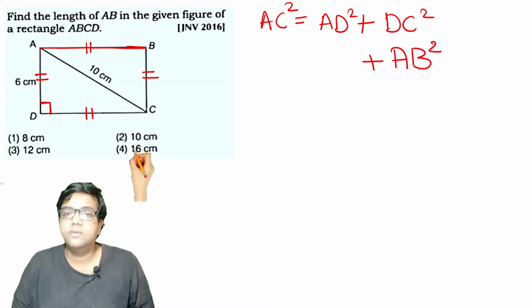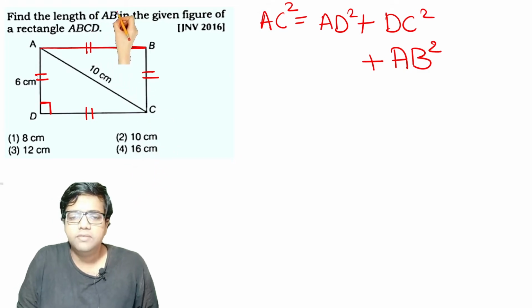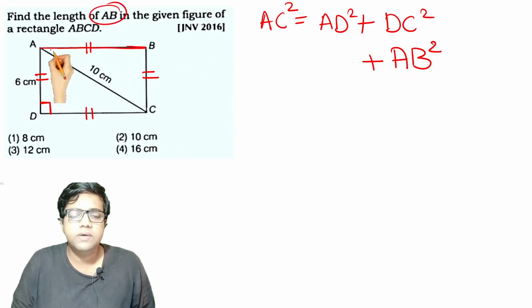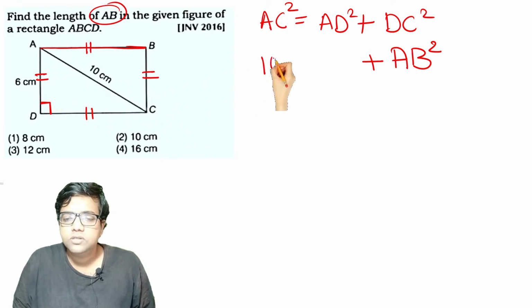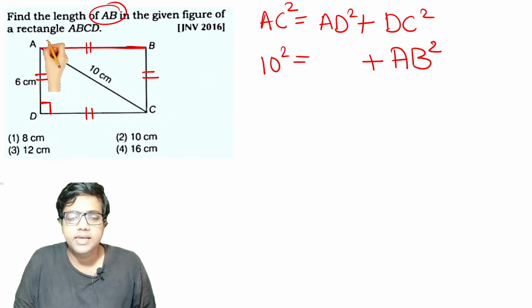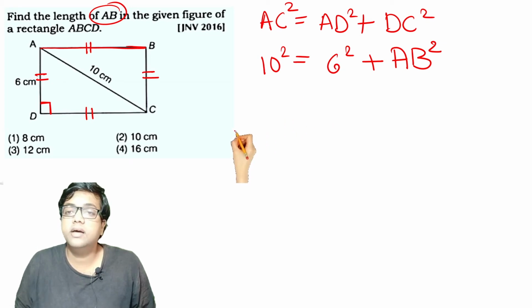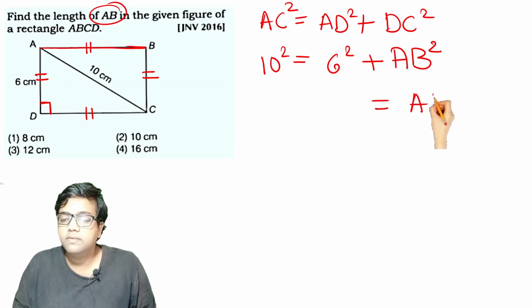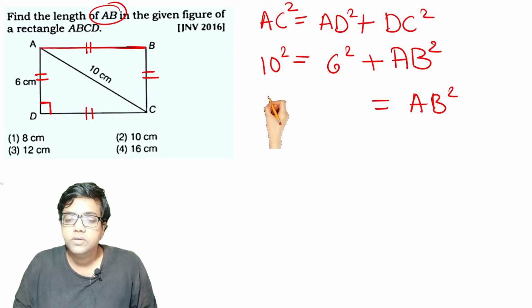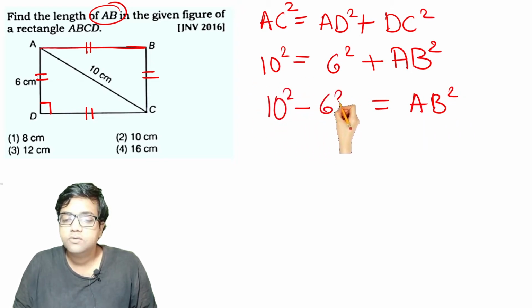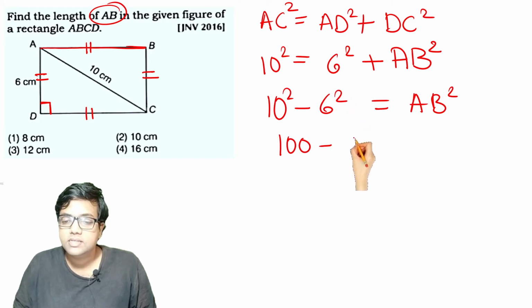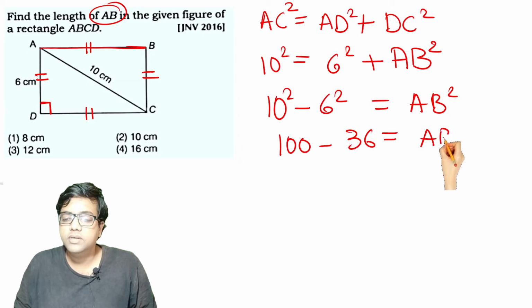AC is 10, so 10 square is equal to AD, which is 6, so 6 square, plus AB square. So AB square will be 10 square minus 6 square, which is 100 minus 36.